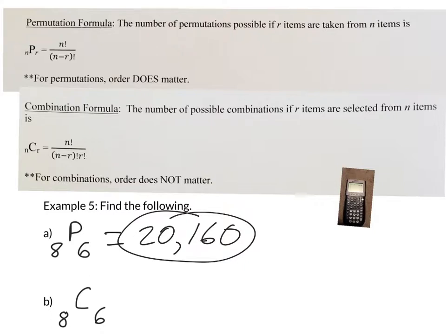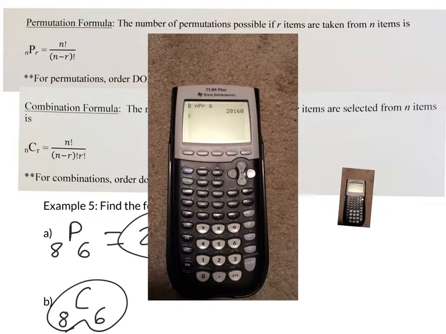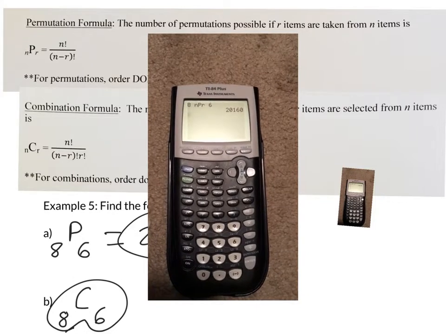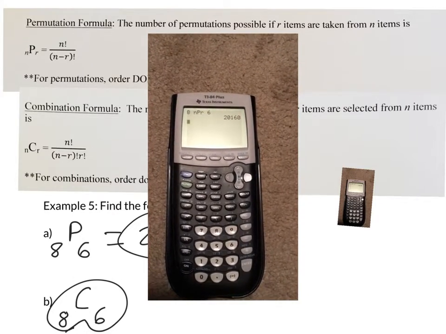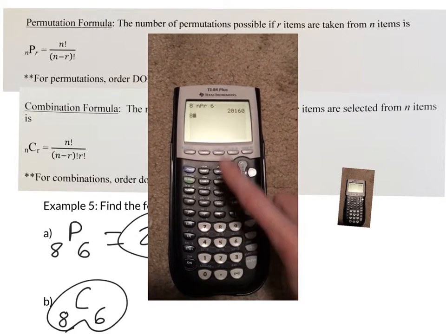B now wants 8 combination 6, or sometimes people will say choose. 8 choose 6 means the same thing as combination. So let's see how we would type that into the graphing calculator. Now let's type in 8 combination 6 or 8 choose 6. So I type in the 8 first.